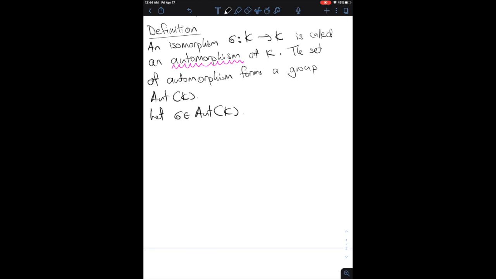Okay, so let sigma in Aut K be an automorphism. Then we say that some element x in K is fixed by sigma if sigma of x equals x.